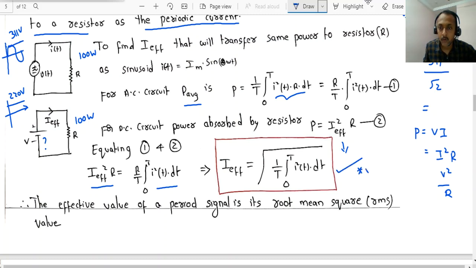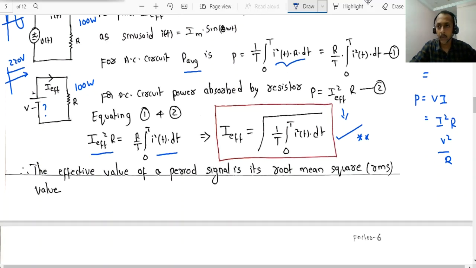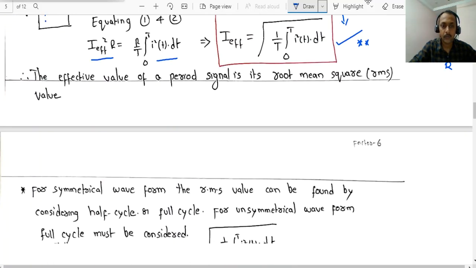That is the meaning of root mean square, RMS: root of the mean of the square. So this is the root mean square value. Next, in the place of i of t we will write the mathematical form.